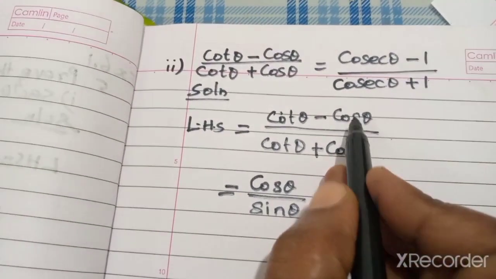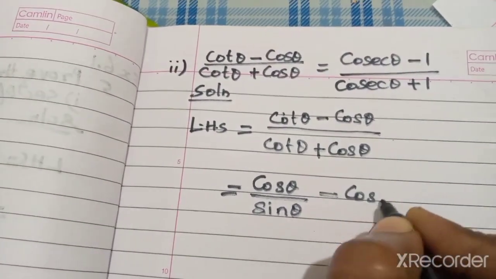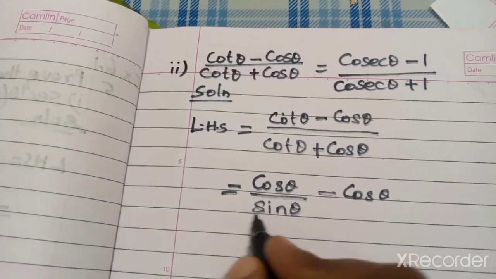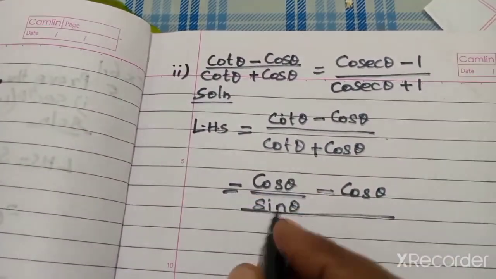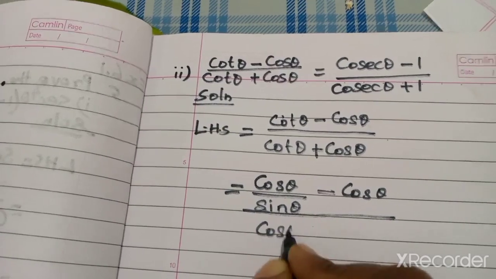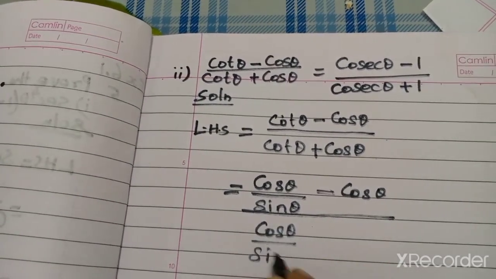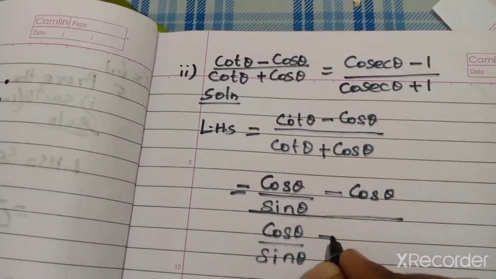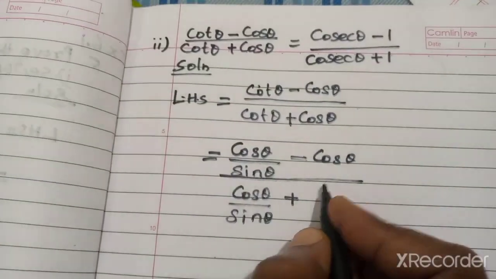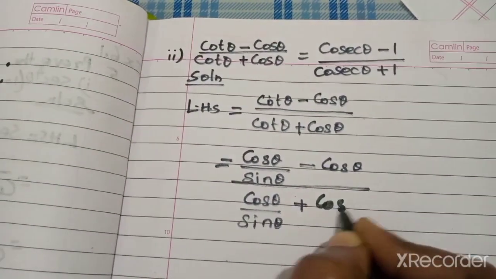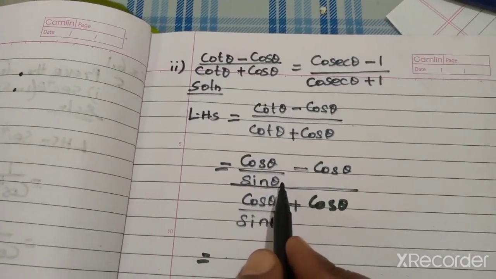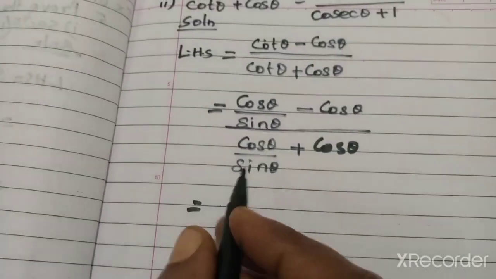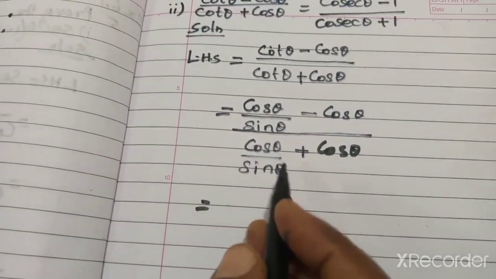It is in cos ratio only as it is, right, cos theta divided by denominator. Also this cot ratio, let us change it into cos by sin: cos theta by sin theta plus cos theta, which is equal to... now take the LCM of the denominator and numerator.